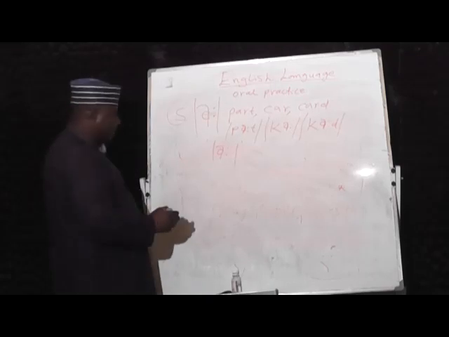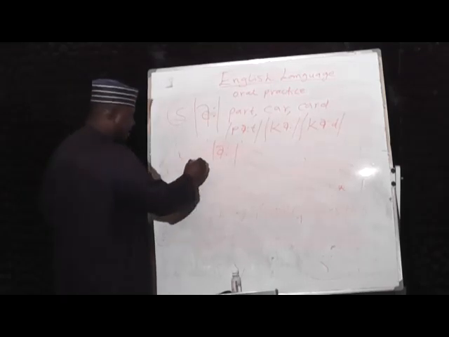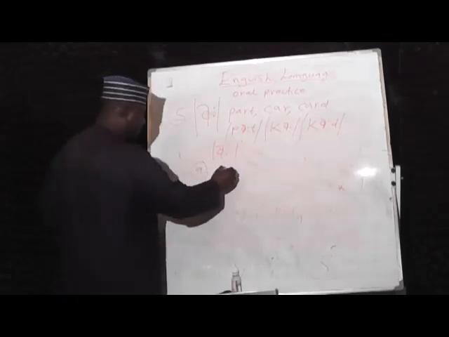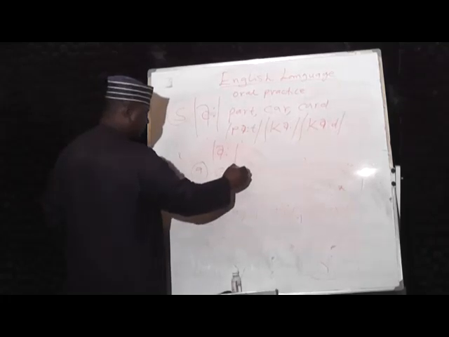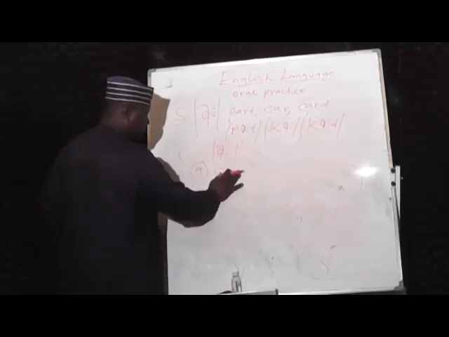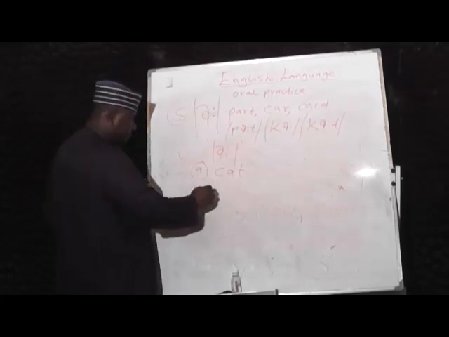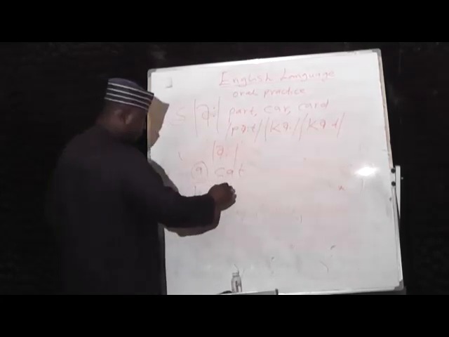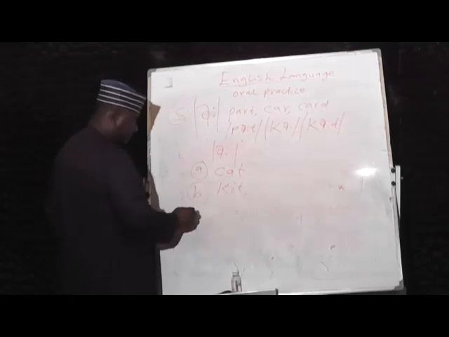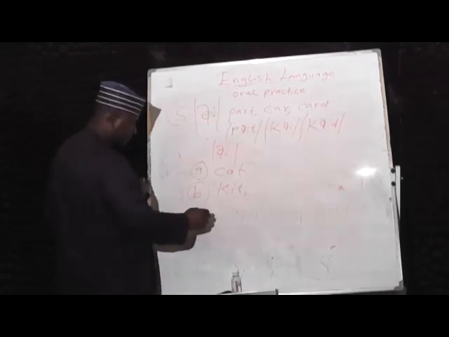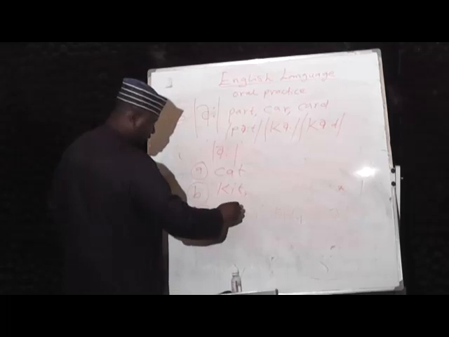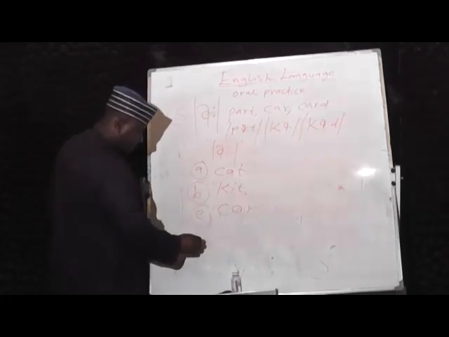Is that clear? Now they say A. Cat. B. Kit. C. Car. D.